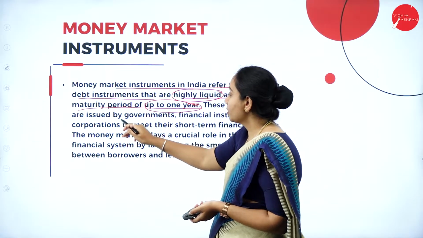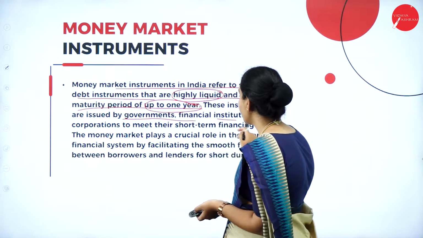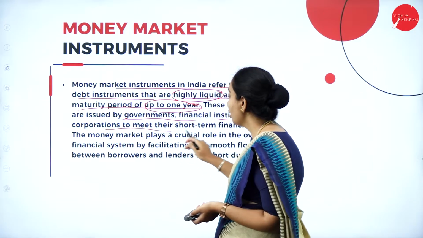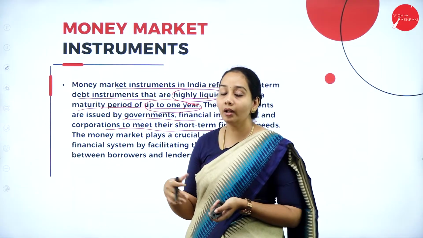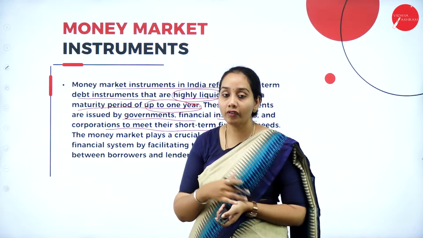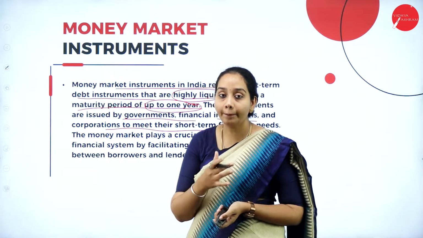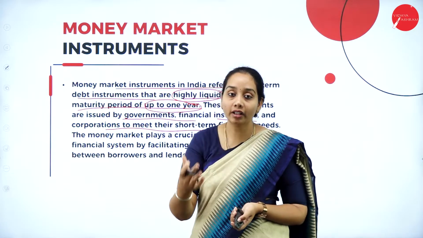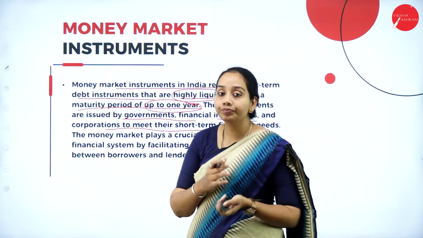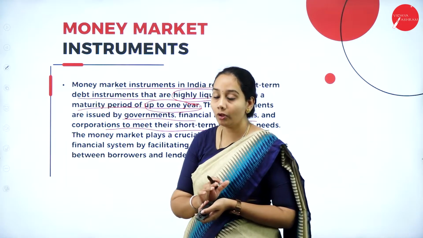These instruments are issued by government, financial institutions and corporations to meet their short-term financial needs. They are issued by financial institutions like banks or companies, like loan companies, who invite the public so that they can fulfill their short-term objectives.